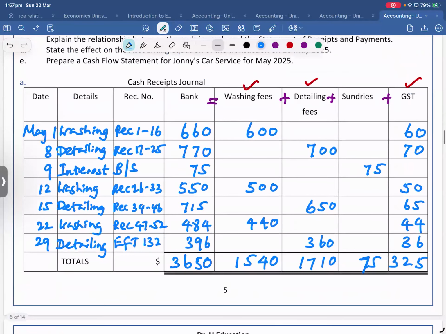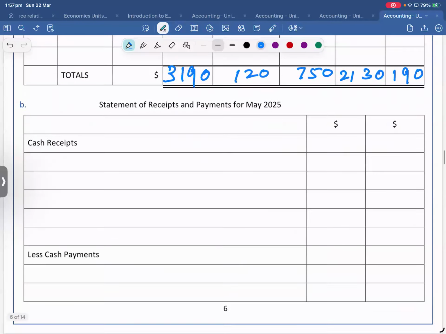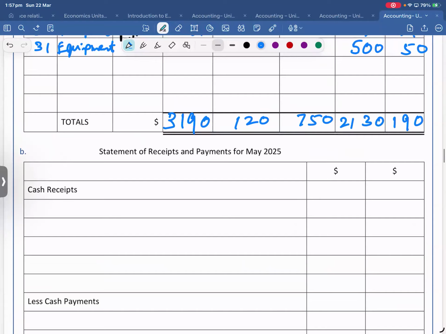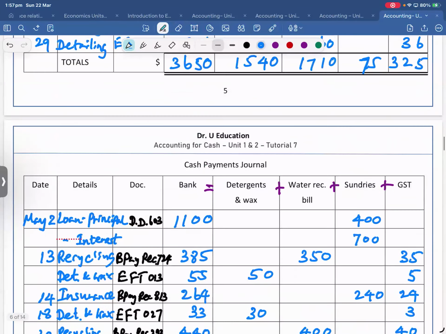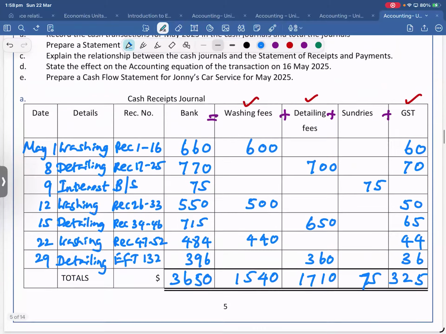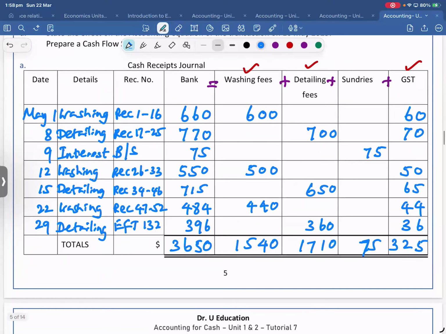Firstly, we start with washing fees, 1540. Right? So write it. Washing fees. How much is the total? 1540. Next one is detailing fees, 1710.